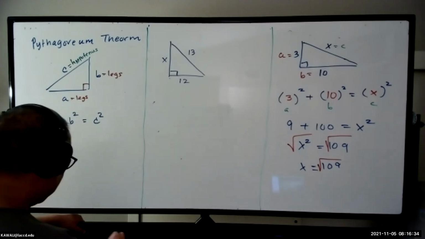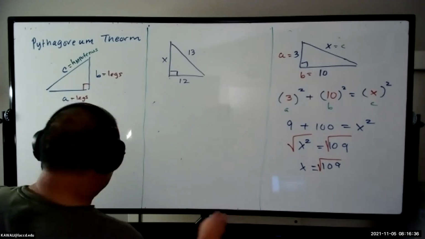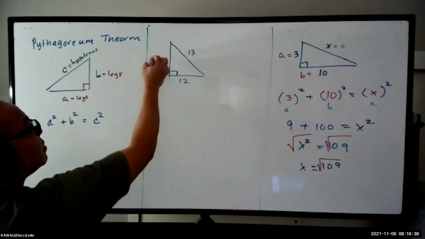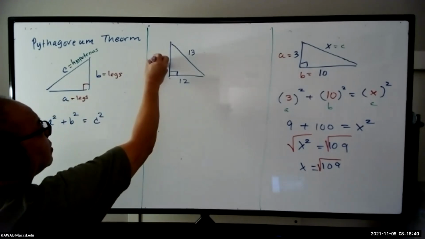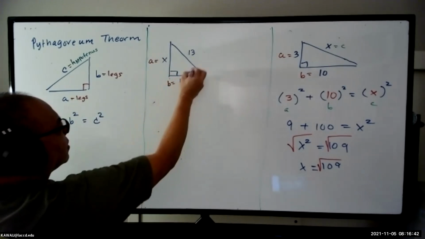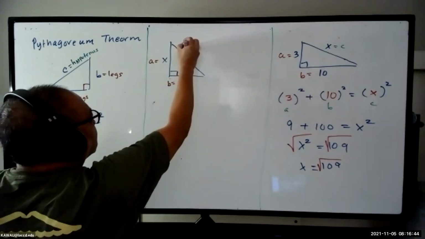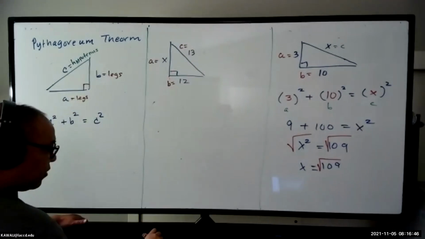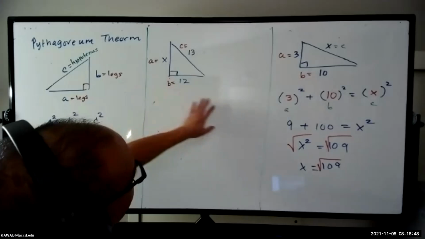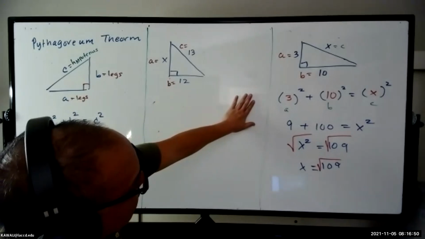So this one is A, this is B, this is C. Now, the big mistake everyone makes on this problem is they automatically put the X on the other side of the equal sign.